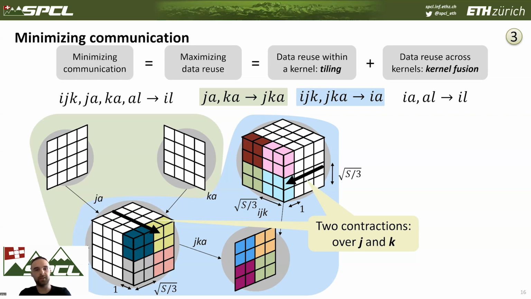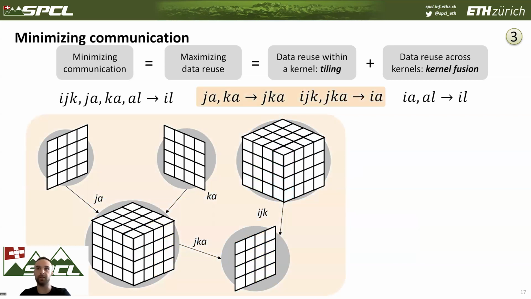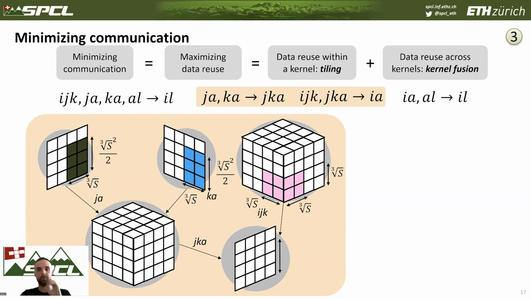And now if we see this as a single ternary operation like this, then we can show, as we do in the paper, that the communication optimal tiling would load this rather exotic rectangular tile of the first matrix and similarly of the second input matrix with the sizes cubic root of S and cubic root of S squared divided by 2, would load this small cube of this order 3 tensor, and in one operation would produce this rectangle of the output matrix here.